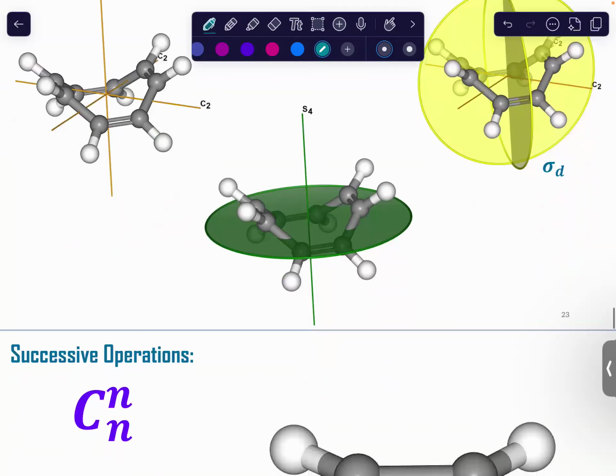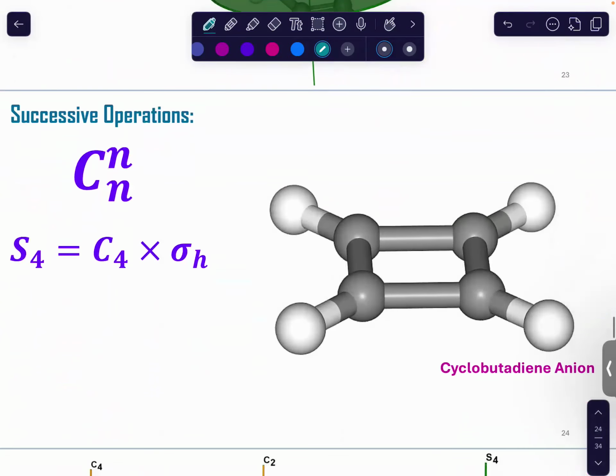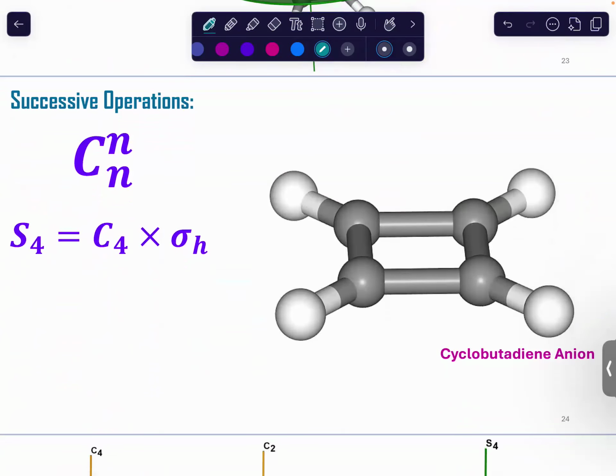All righty. Now let's talk about successive operations. One of the things I want you to keep in mind is that when you're looking at point groups and eventually character tables, there are symmetry operations that are not represented, because they only represent unique symmetry operations.